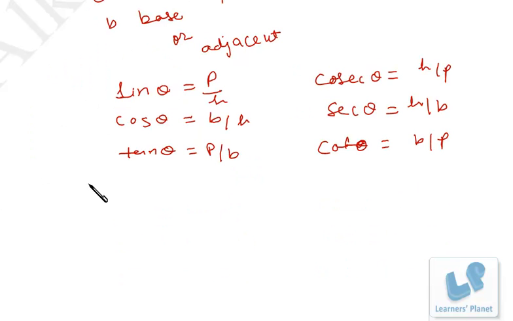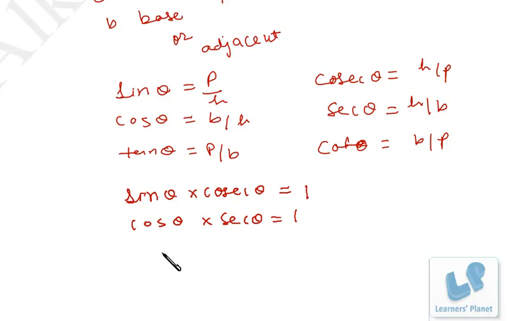So what we can say over here, sine theta into cosec theta will be 1 because it's P by H, it is H by P. So I just write it over here, sine theta into cosec theta is equal to 1. Similarly, cos theta into sec theta is 1.